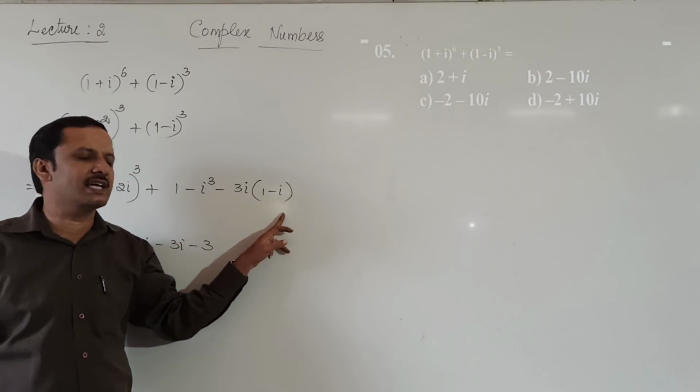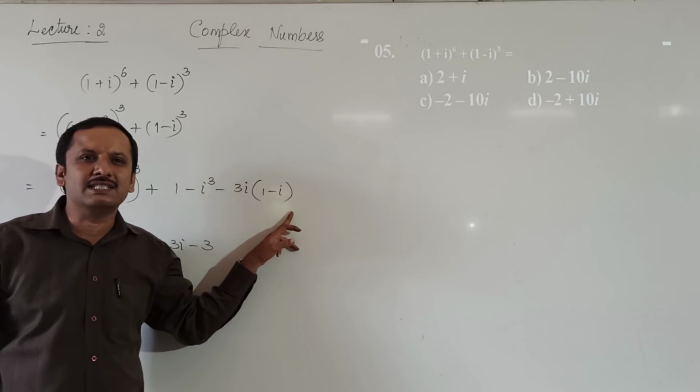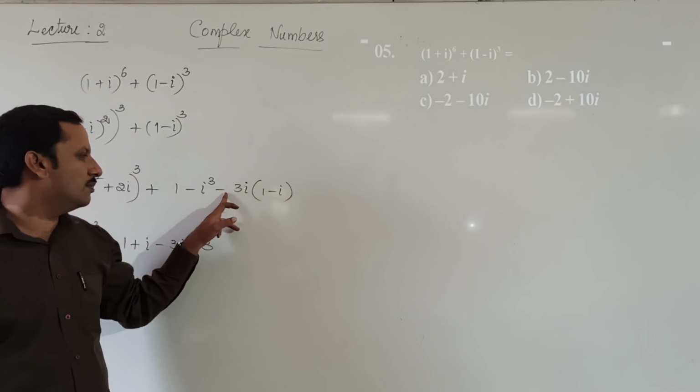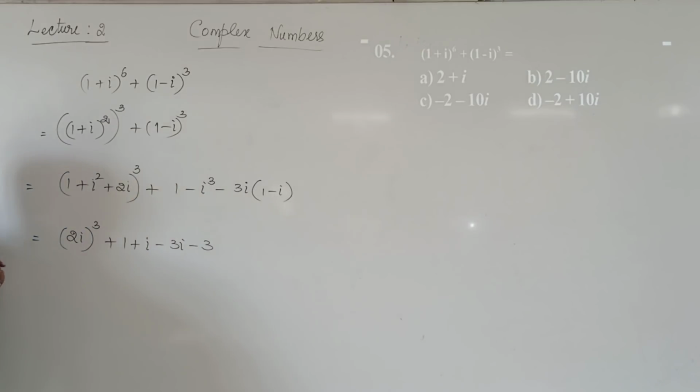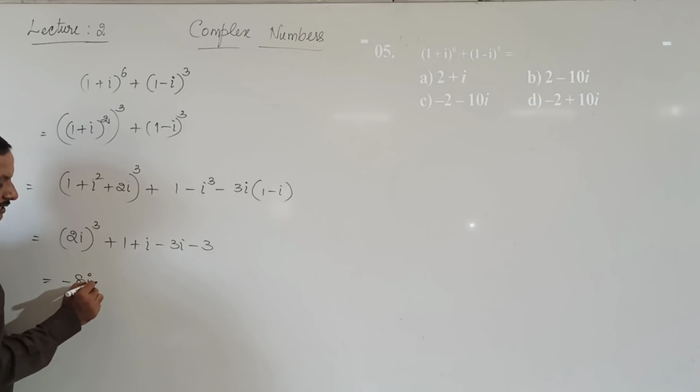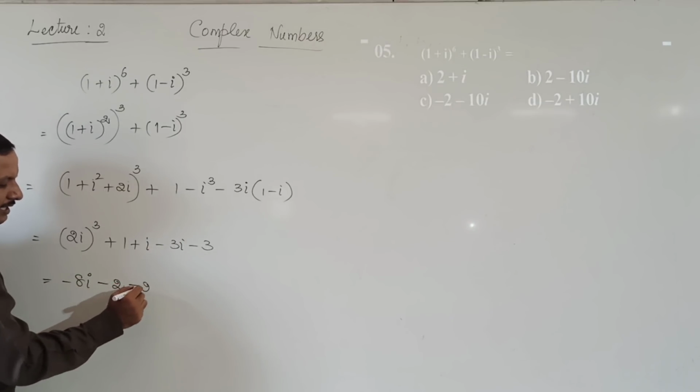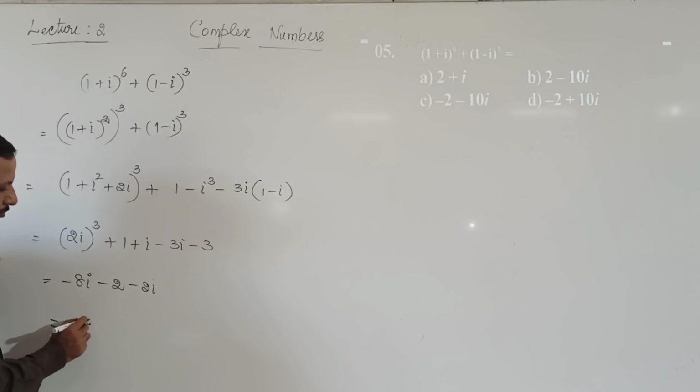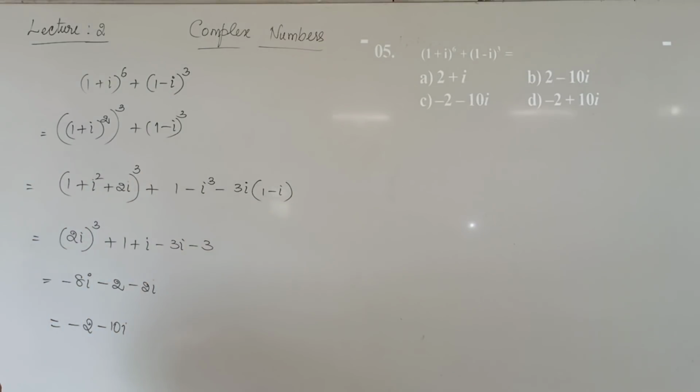Minus 3i into minus i means plus 3i square. i square is minus 1. So minus 1 into plus 3, that will be minus 3. So (2i) whole cube means 2 cube, which is 8, into i cube, which is minus i. This will be minus 8i, minus 3i, plus 1 minus 3, that is minus 2. So this will be minus 2 minus 10i. Do we have this option? Yes, we have option C.